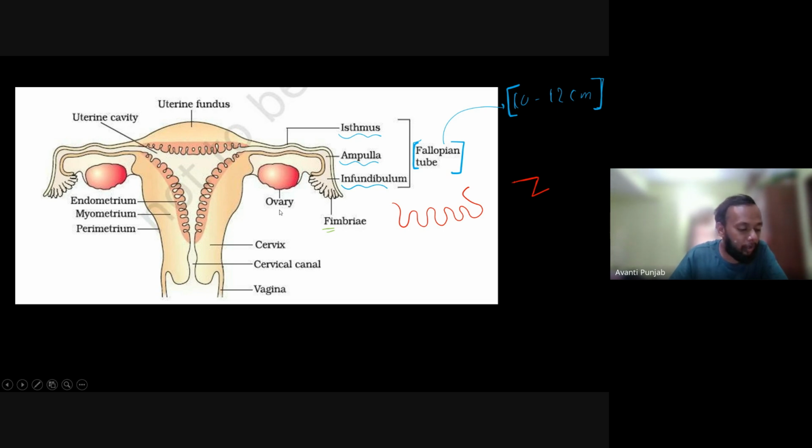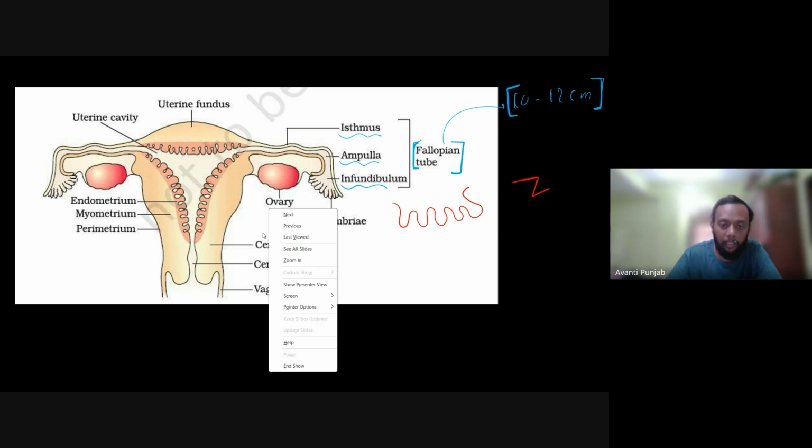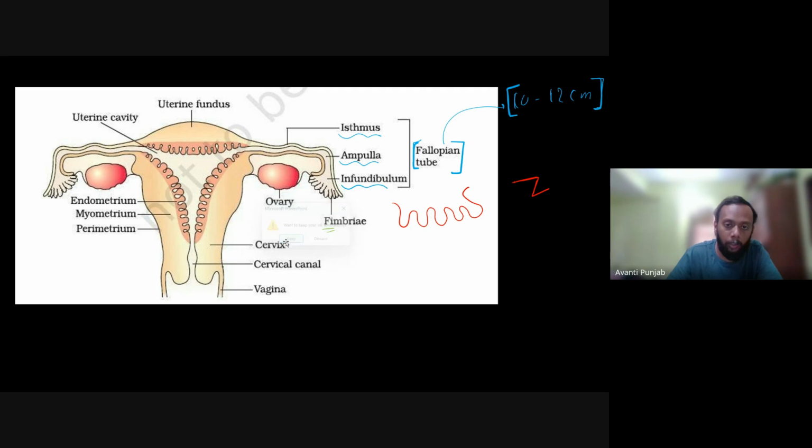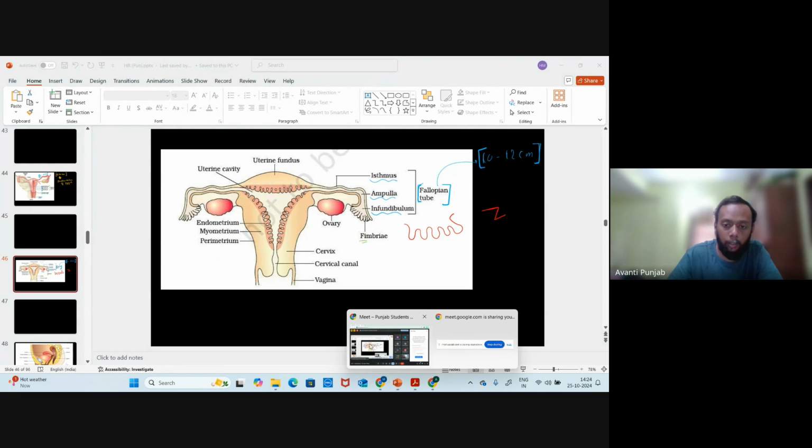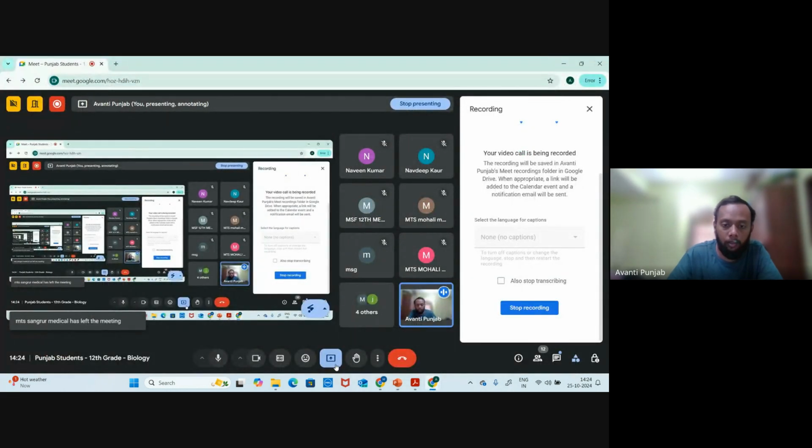Sangrur, I would suggest you can log in again. Only Sangrur is not able to see the screen? You can log out and log in again, because other schools are able to see the screen. Okay, but still for you I'll just do one thing, I'll reshare this once for you. But as far as I know, it is from your side which you have to fix that thing.